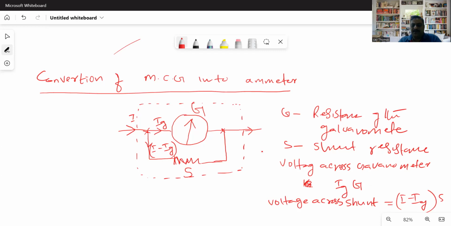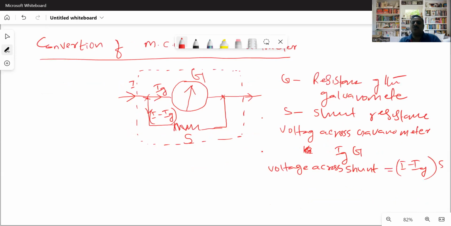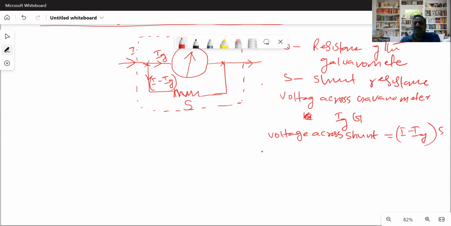But in parallel combination, these two voltages are the same. Therefore, we can write Ig into capital G equals I minus Ig into S. So you can find the shunt resistance: S is equal to Ig into G divided by I minus Ig.